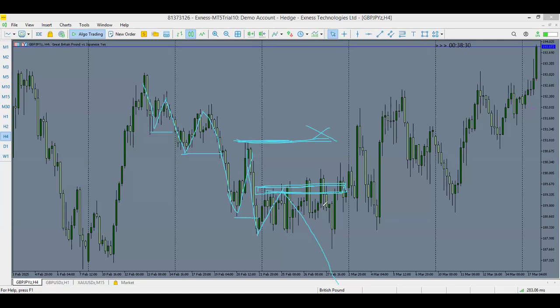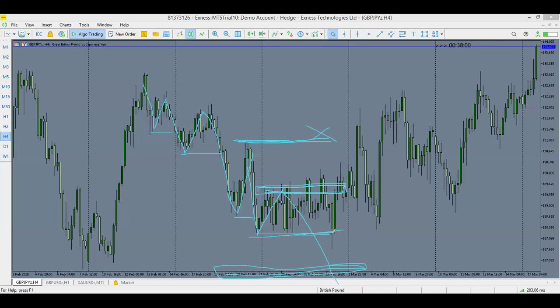Yeah, preferably. However, if you must take a trade, if you have a setup, then be prepared to reduce your take profits. So instead of expecting price to come all the way down to these lows here, you just reduce it and say, okay, I want to see price just come to this level here.